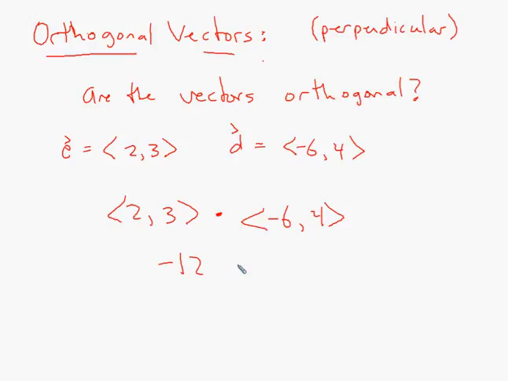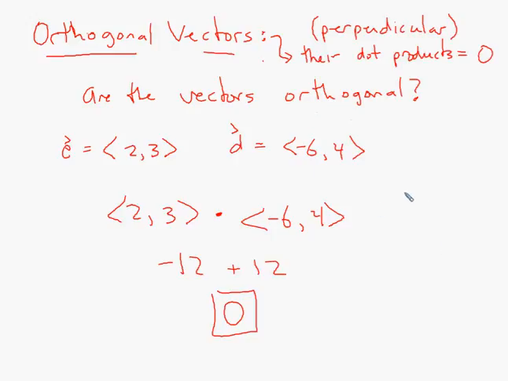I get negative 12 plus 12, and I get 0. So here's the important thing orthogonal vectors have: their dot products equal 0.